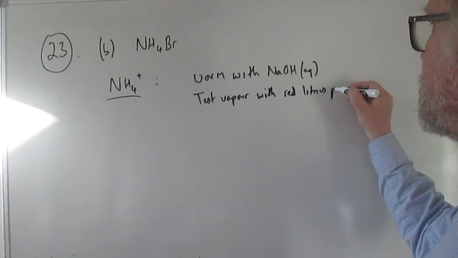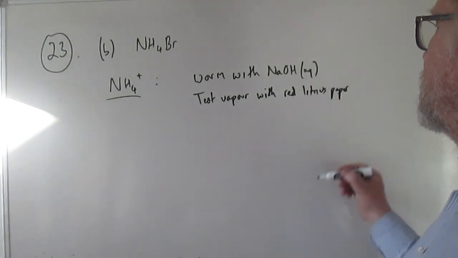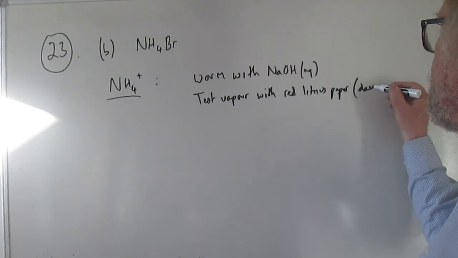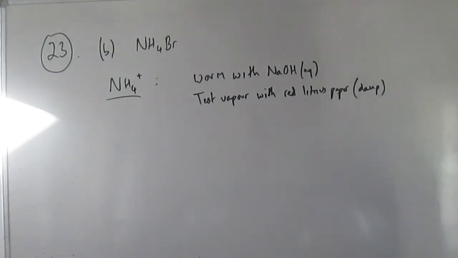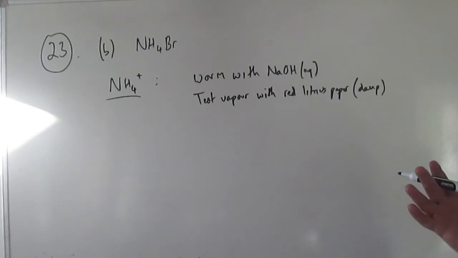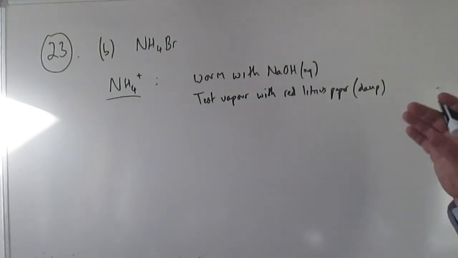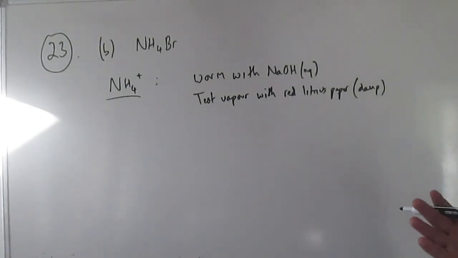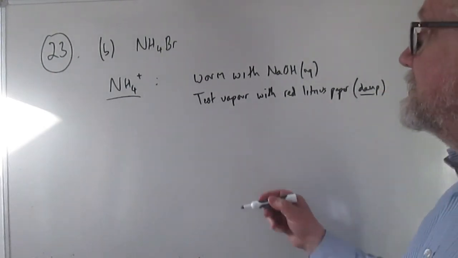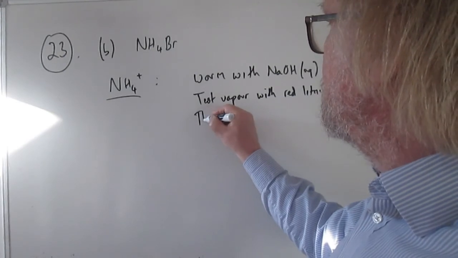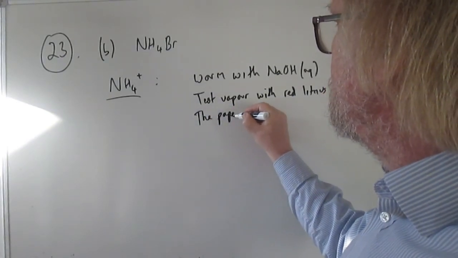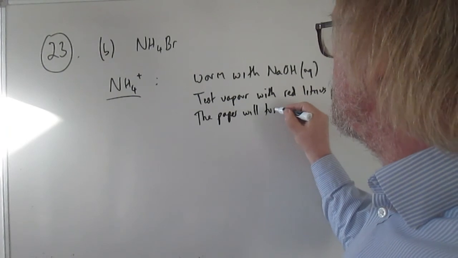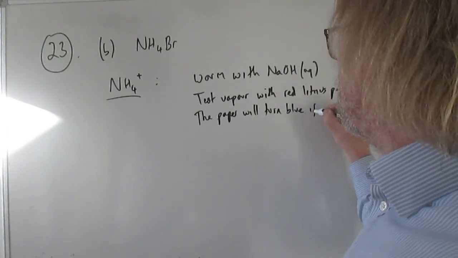Either one is fine. And that should be damp, because you're going to test for an alkaline gas in the vapour, but that will only react with the colour sensitive molecules in the paper if it goes into solution. So you need to have damp indicator paper, and the paper will turn blue if NH4+ was present.